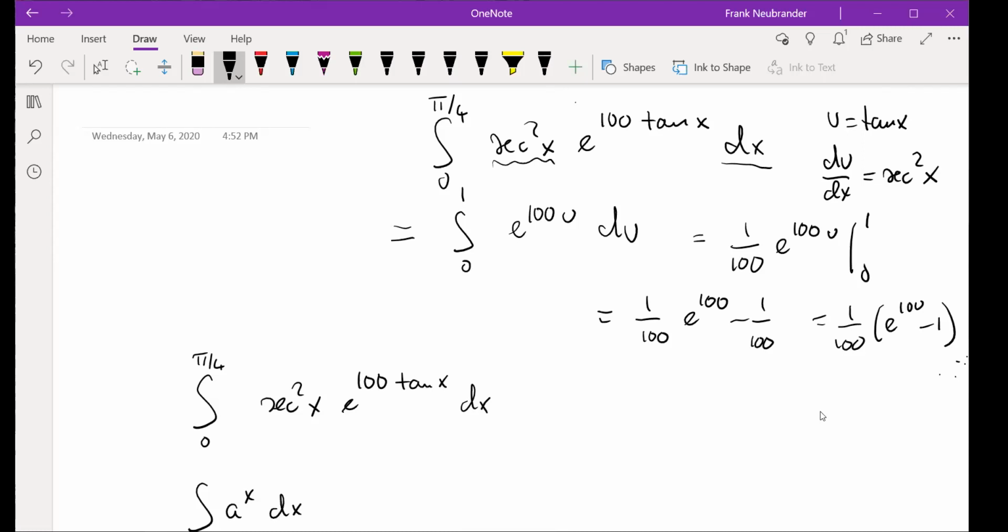Clearly, this is an integral no calculator can do, because the number e to the 100 is too complicated for most calculators. If you have a very fancy calculator, they might be able to handle it. A regular calculator, I think, cannot.